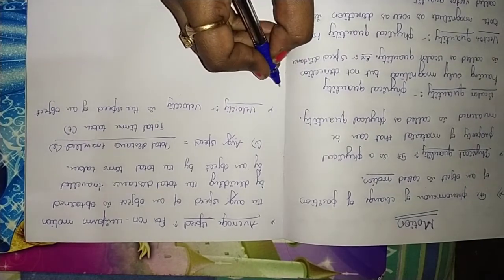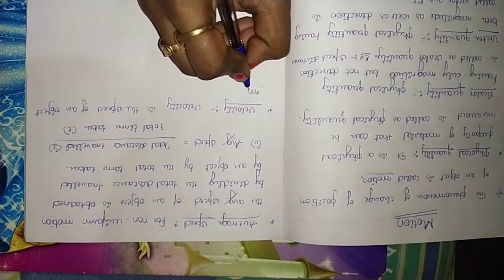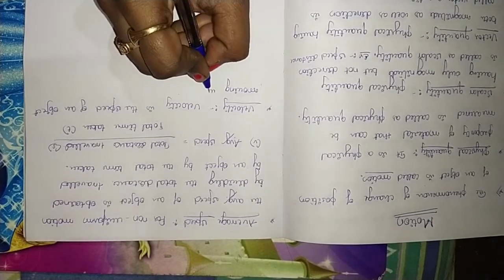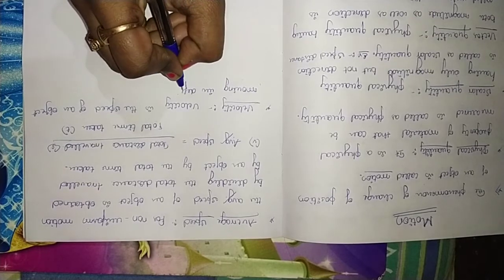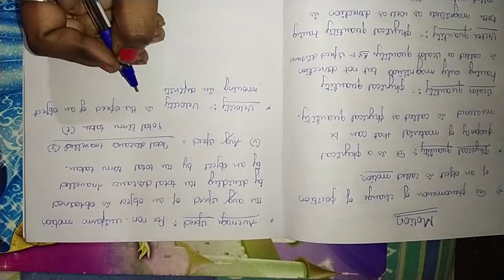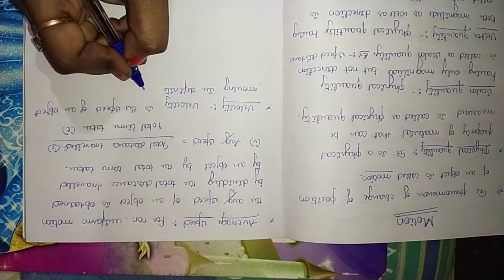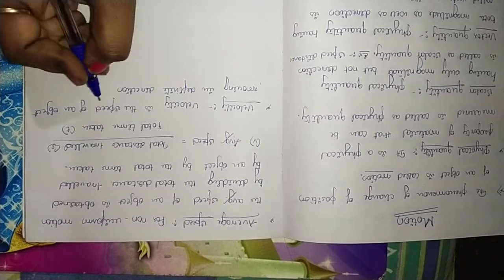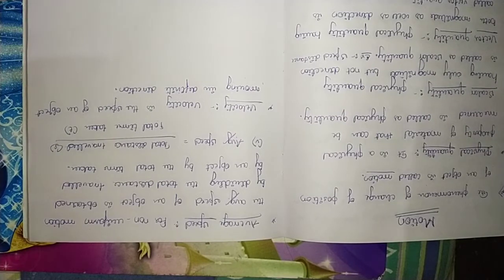Velocity is the speed of an object moving in a definite direction. Okay, it has a definite direction. So that is called velocity.